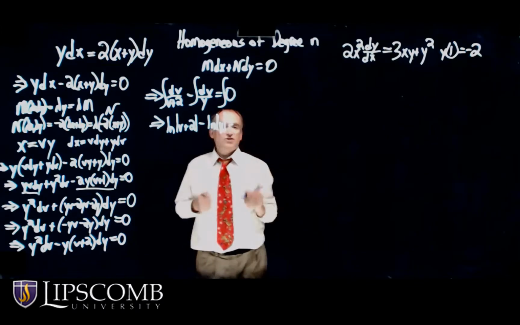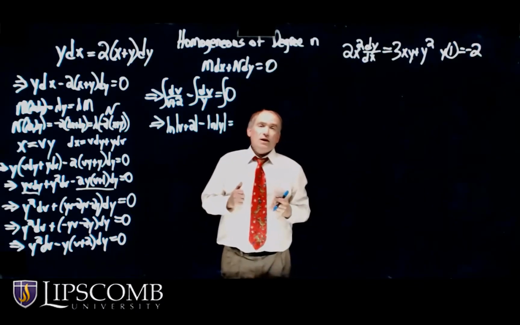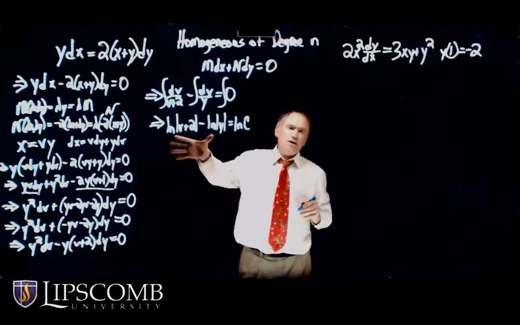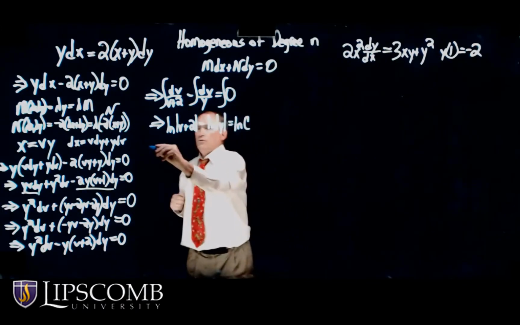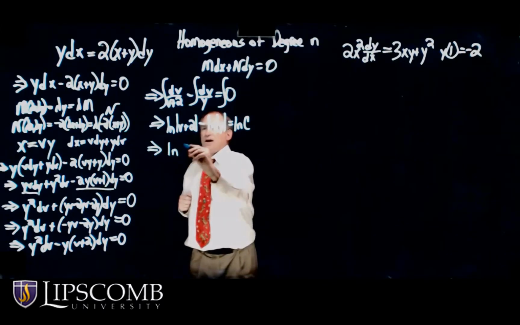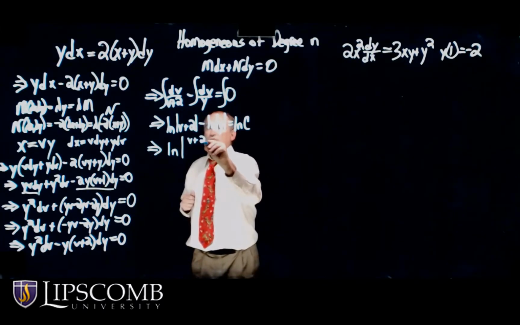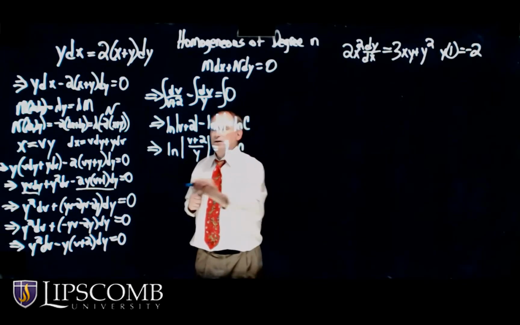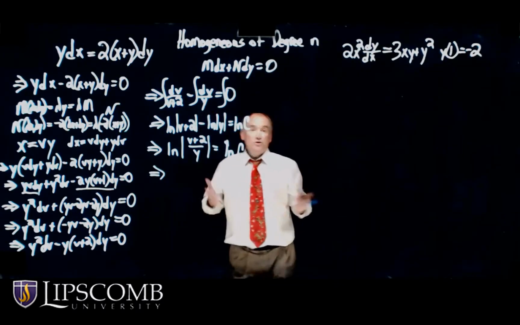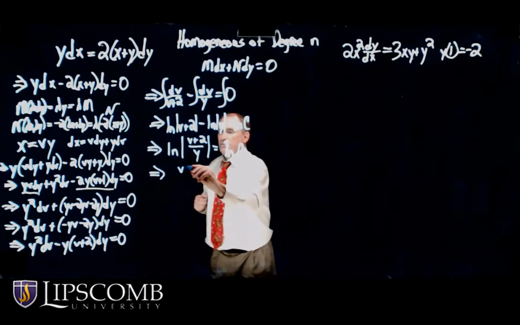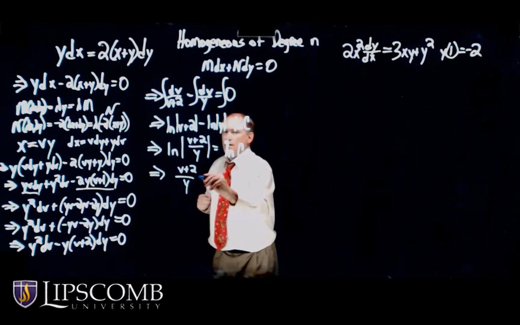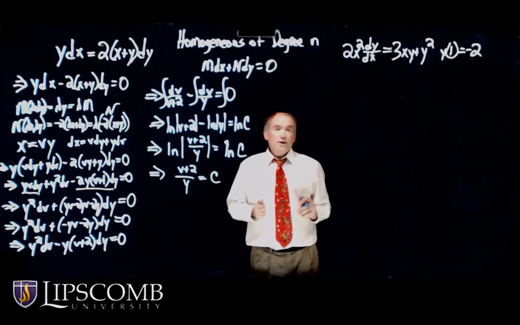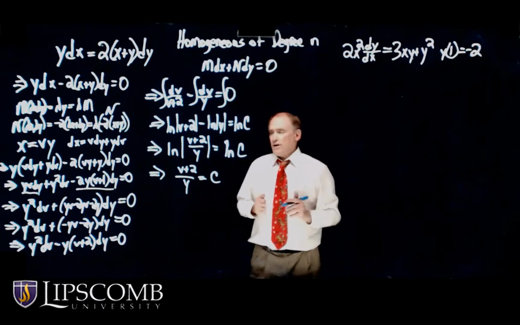And if you don't mind, instead of writing plus C, I'm going to write natural log of C. Why do I do that? Because I've already got natural logs in here. So let's put them together. This would be natural log of v plus 2 over y equal to natural log of C. So using the properties of natural log, this would be v plus 2 over y equals C. But when you start off with x's and y's, you want to end up with x's and y's.